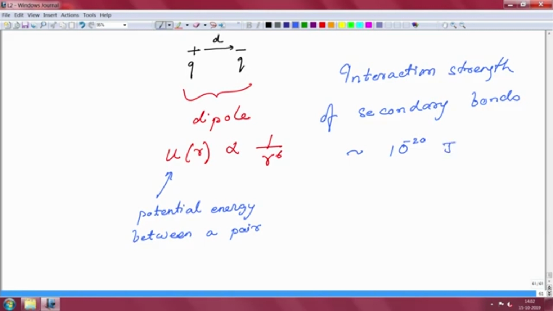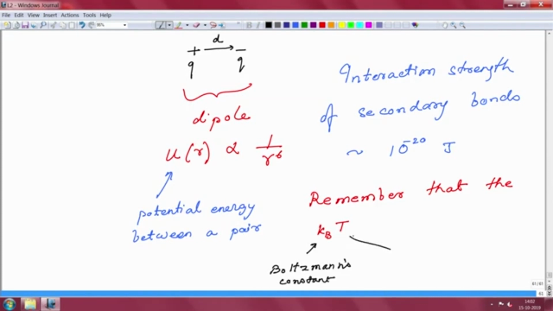Now, just remember that when we are talking about molecules and atoms, the energy scale that we should consider is the kBT energy, where kB is the Boltzmann constant and T is your absolute temperature in Kelvin.